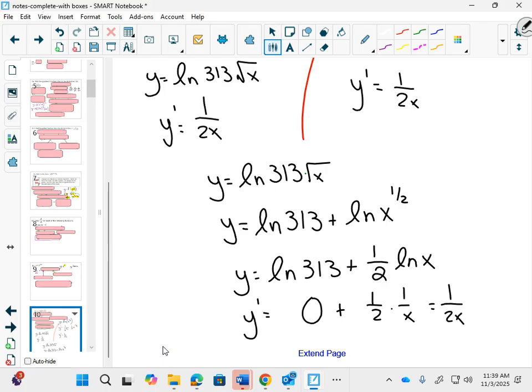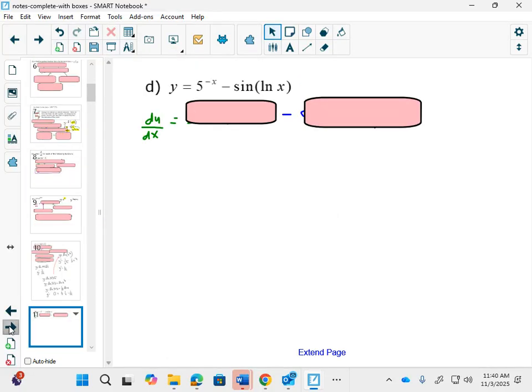I get 1 over 2x that way too, and I didn't even have to use my chain rule. So sometimes you can use your rules, but also you can use other things you've learned in math to manipulate things. They may or may not make it easier to solve. As in this case, it kind of explains why the number in front does not matter. Logs are fun that way with using your log laws.